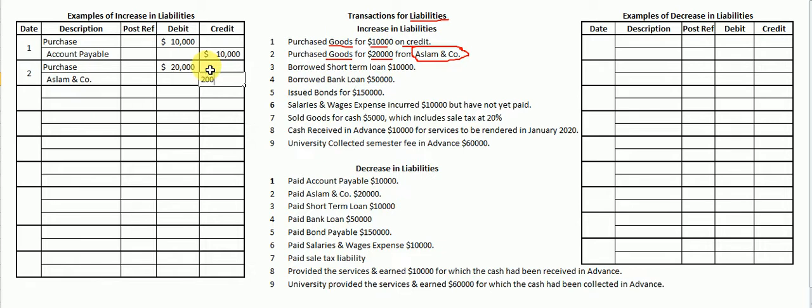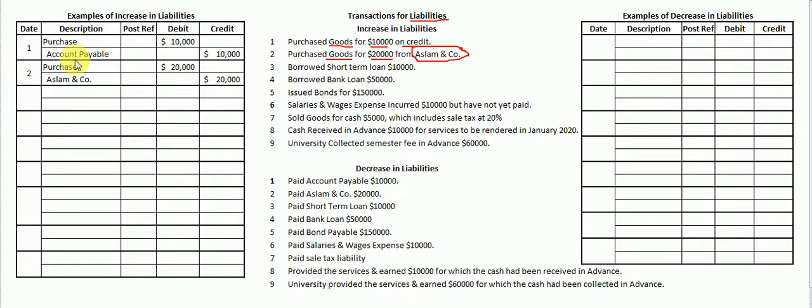So dear students, the reason why the purchase account is debited, as you have already learned, is that whenever we purchase goods and record it in the periodic inventory system, we debit the purchase account, and this is an increase in expense. It means here our expense increased, and we have not yet paid the cash, so the liability of the business increased toward Aslam & Co. So that is why we have to credit Aslam & Co. And the reason here is you should say increase in liability.